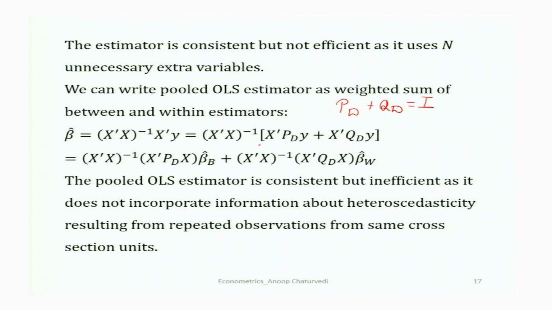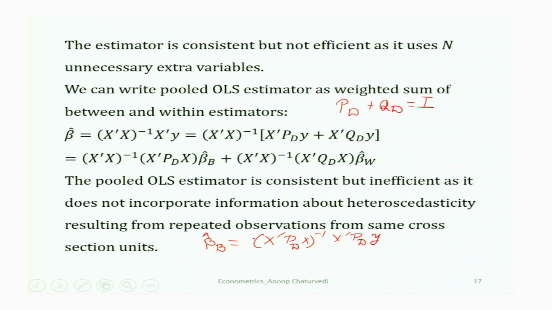And then the first part is (X'X)^-1, then beta hat B, the between estimator, is (X'P_D X)^-1 X'P_D y.